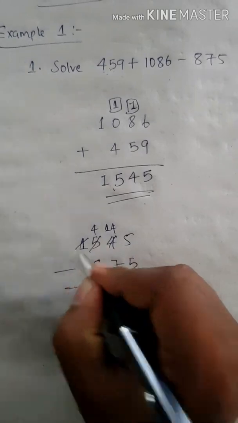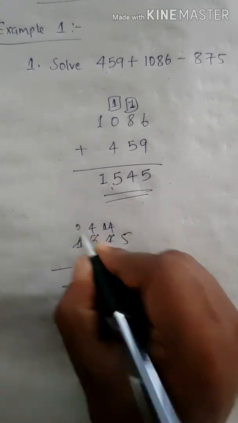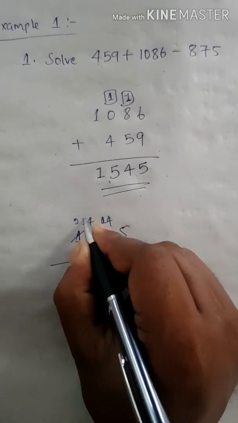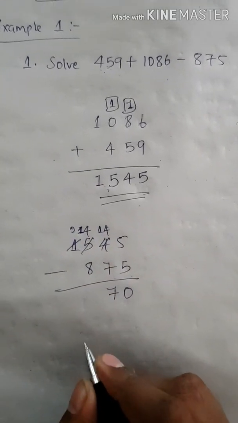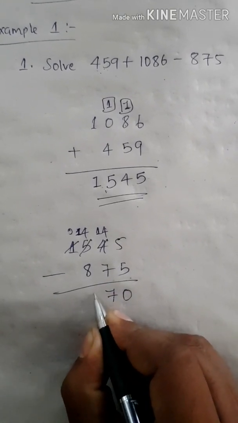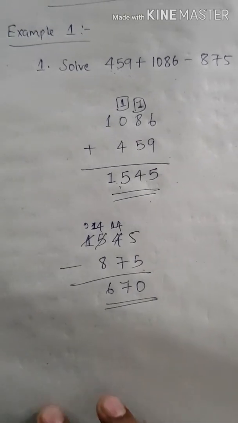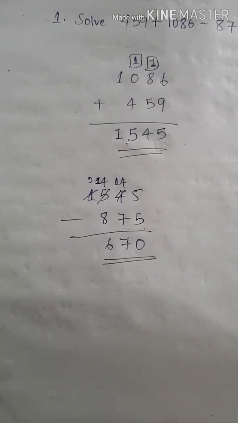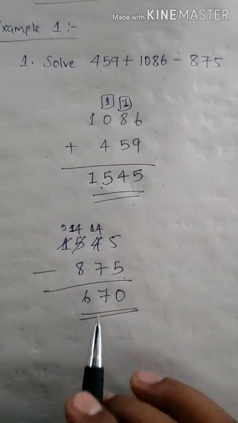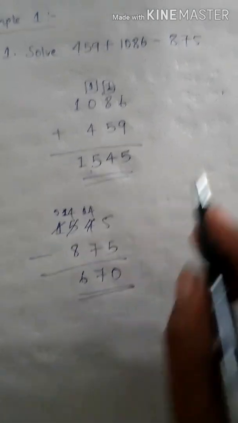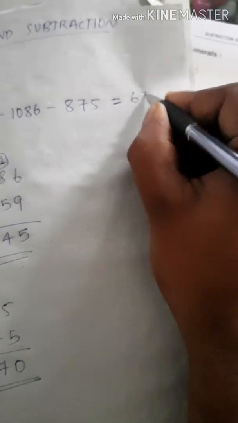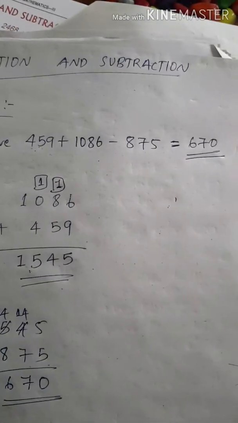So let us take 1 from the thousands column. This number will become 0 and again this number is 14 now. 14 minus 8. What is 14 minus 8? It is 6. Understood? So students, we got the answer. Now we can write this is equal to 670. This is the answer.